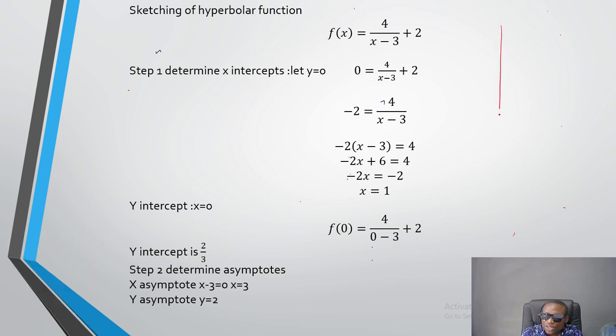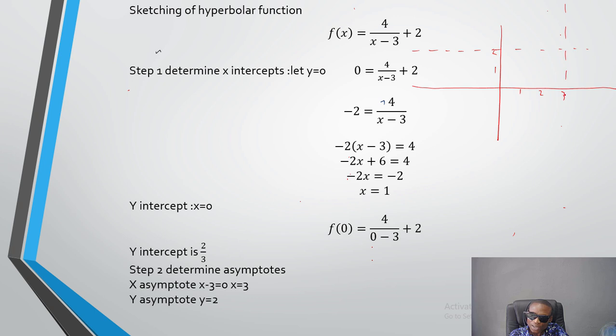I have the y-axis, I have the x-axis. Let us show the asymptotes. We are sketching a graph. The y-asymptote is 2. What is the x-asymptote? 3. Show it as a dotted line.